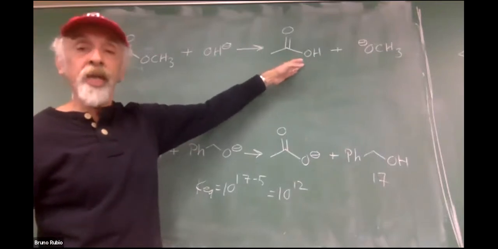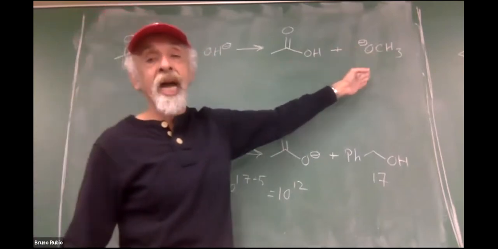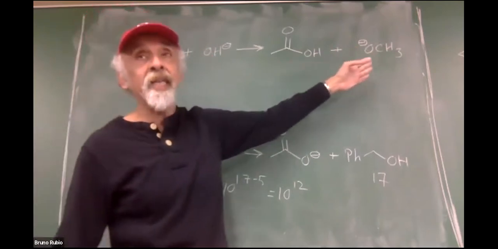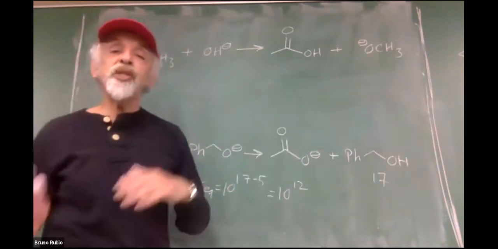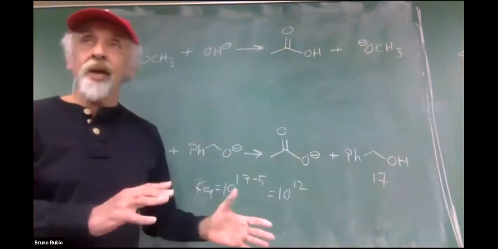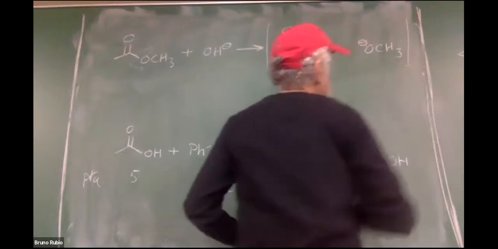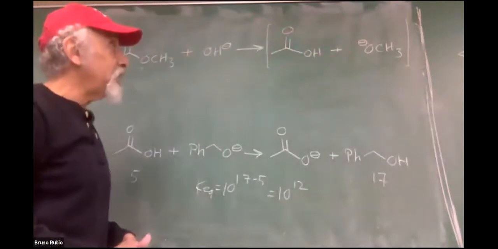It's a pretty good acid. This is a base. These two guys are going to keep reacting. So the acyl substitution is over, but the reaction is not over. So I'm going to put these in brackets, showing that those are not the final products.